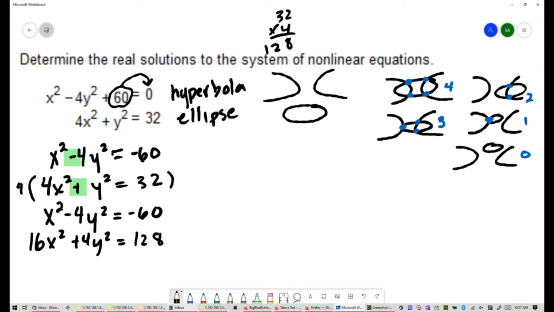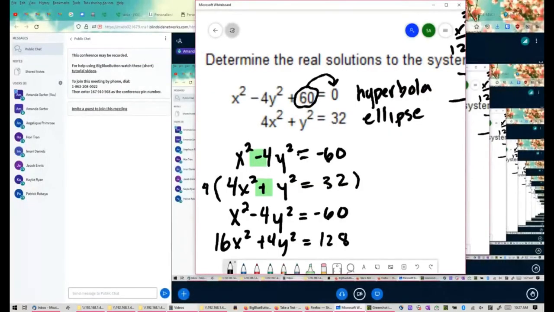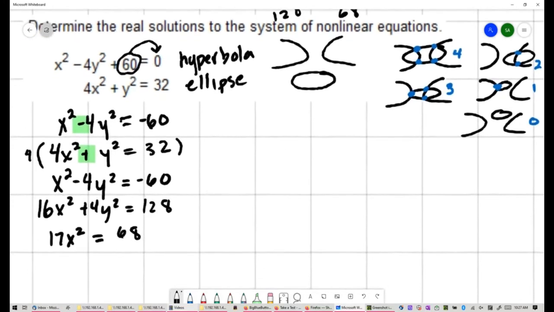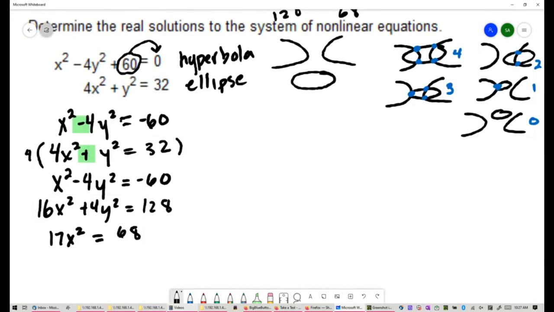Now I'm able to add those equations together, and that would give me 17x squared. The y's eliminate, and I need to do 128 minus 60, that would be 68. I'll continue solving this by dividing both sides by 17.